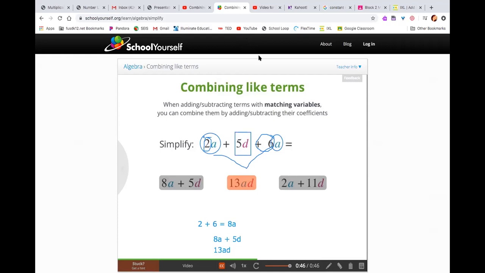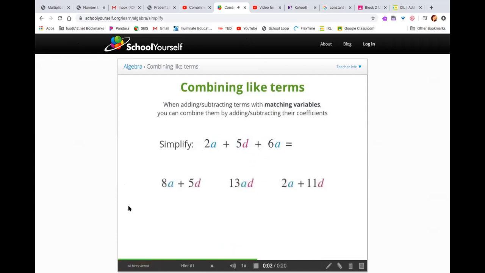Cannot. No, we can't. We can do this addition in any order we want. So let's combine these 2A's with these 6A's. If you do that, we'll get 8A's. There's nothing we can combine with these 5D's, so let's leave them alone.